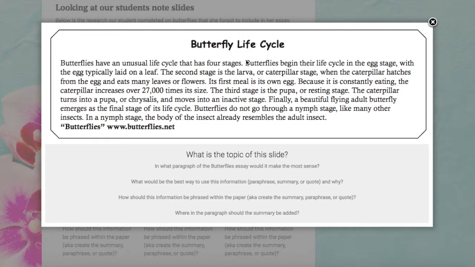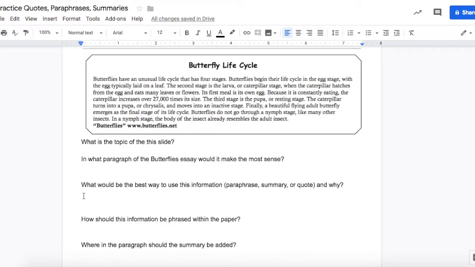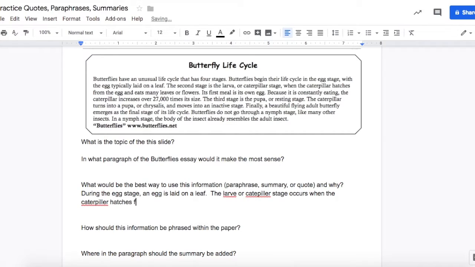So I'm going to come over here to my answer sheet, and I'm going to type up a summary of what this little passage is about. And it's going to look something like this. During the egg stage, an egg is laid on a leaf. The larvae or caterpillar stage occurs when the caterpillar hatches from the egg and eats a lot.